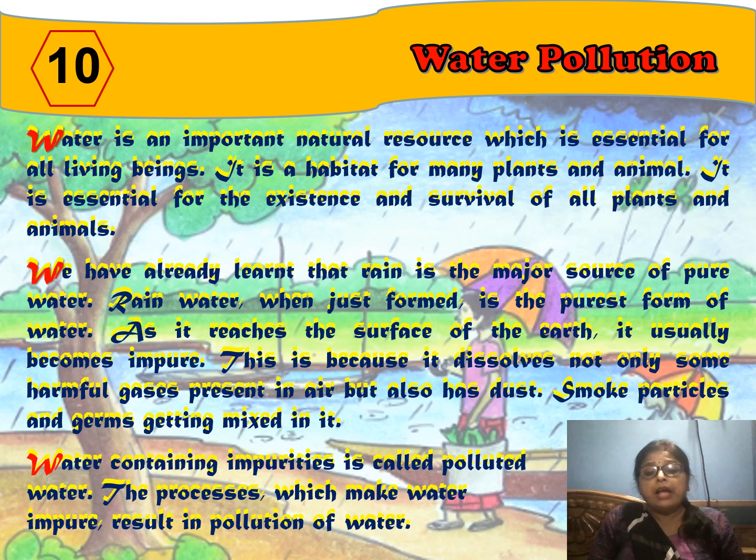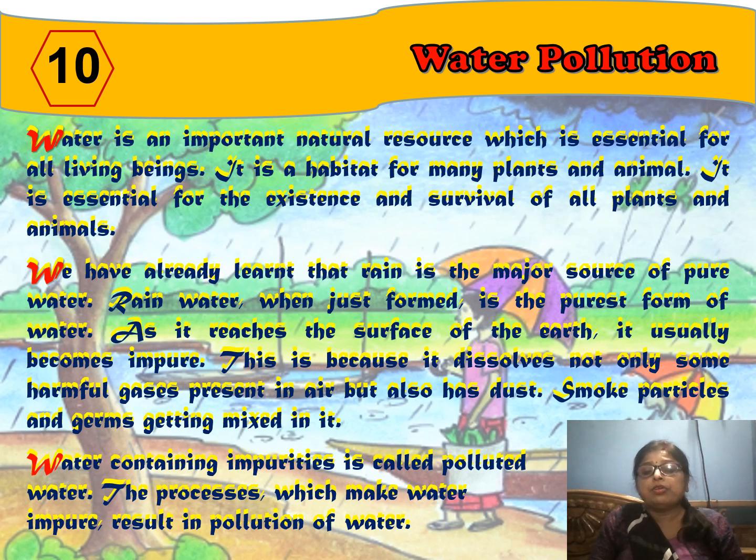So as you know, the source of water on the earth is the rain. Rain is the purest form. It can be used without filtration. But when it reaches the surface of the earth, it becomes impure. Why? This is the question. Because it mixes with the harmful gases present in the air.